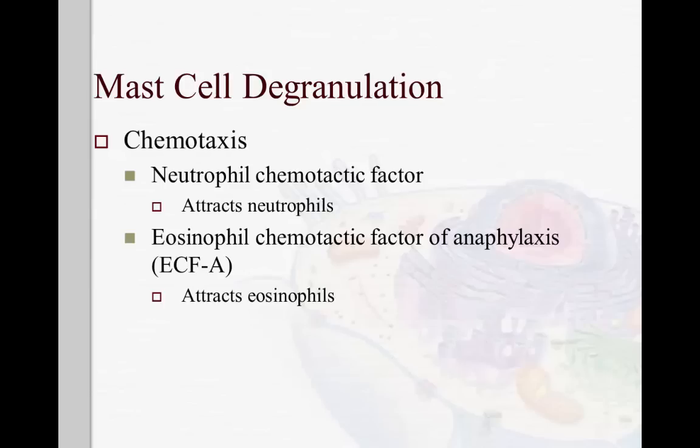In addition, with mast cell degranulation, remember that histamine will trigger the activation and also chemotaxis, or calling in, of neutrophils or leukocytes, which are the first cell to migrate to the area of infection.